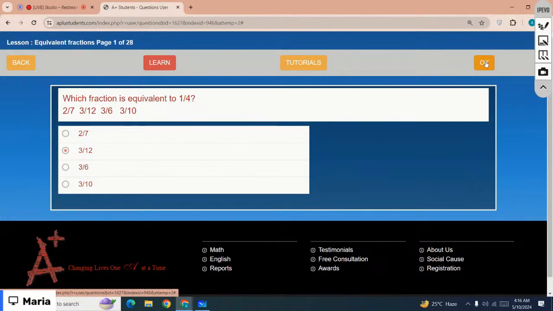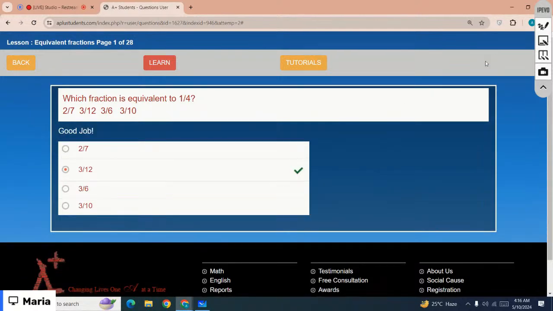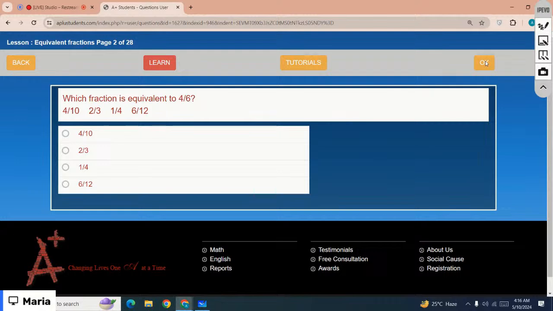Okay, the next one is which fraction is equivalent to 4 over 6?